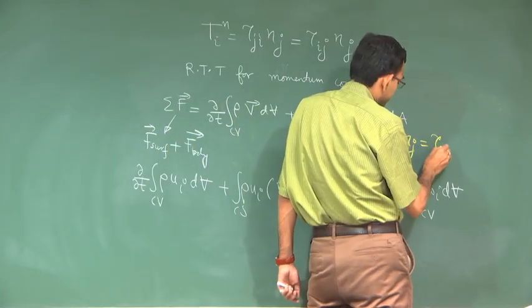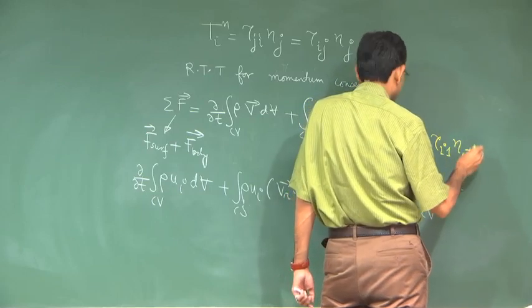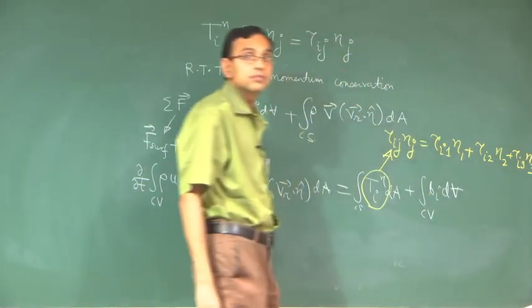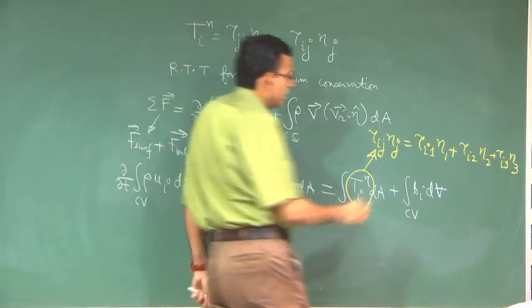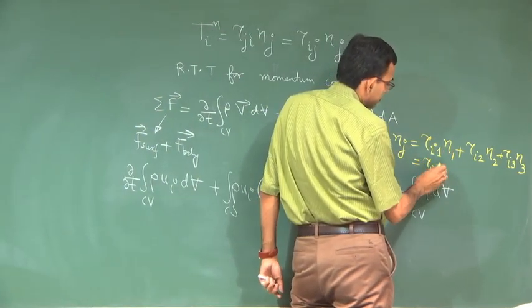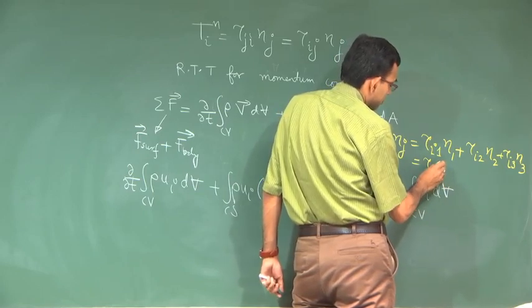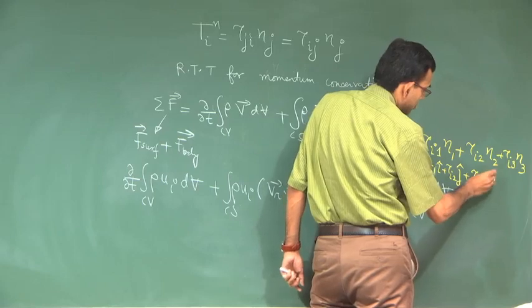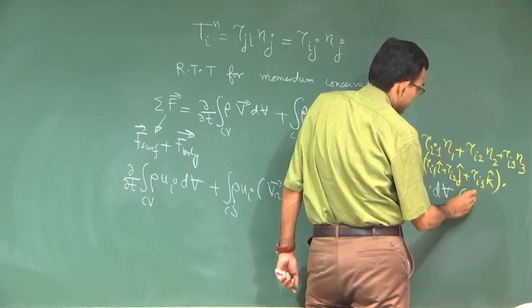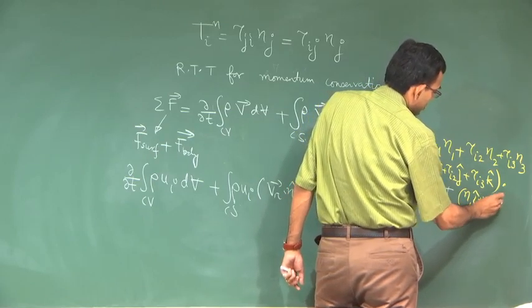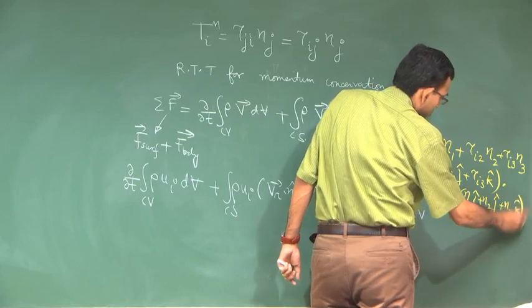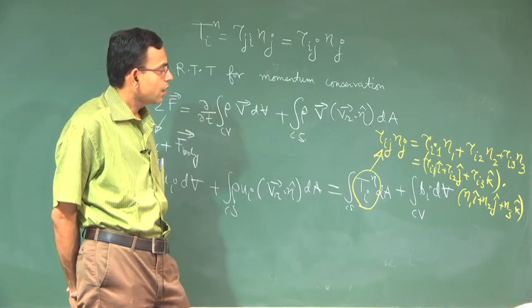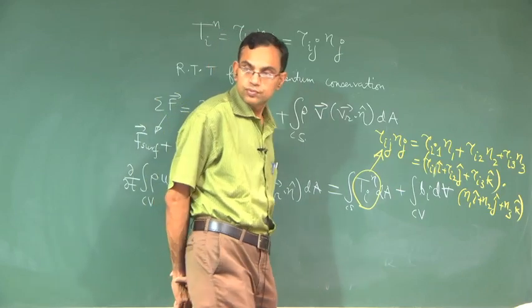So this you can write, okay, just in another way, we can just write it as a dot product of these two, right.